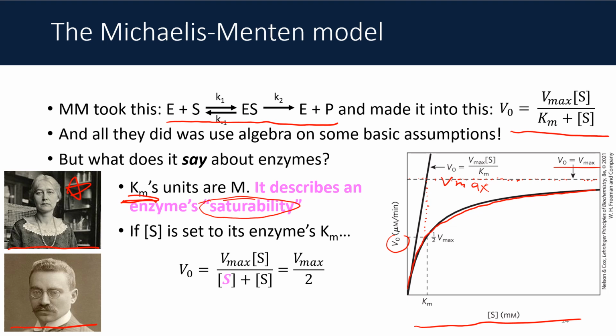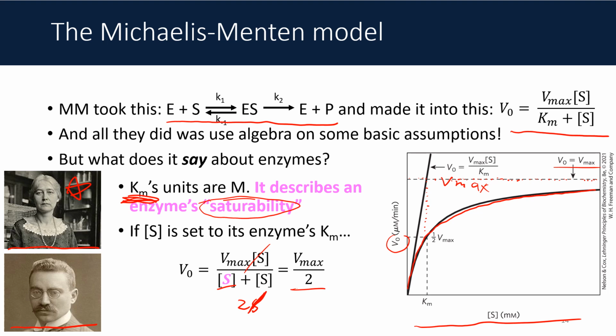If you're more of a math person, try this. Plug in S for the value of Km and see what it works out into. These two S's combine together to form 2S. The S at the denominator cancels out with the S in the numerator, leaving us with Vmax divided by 2.